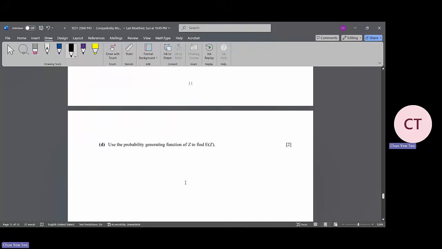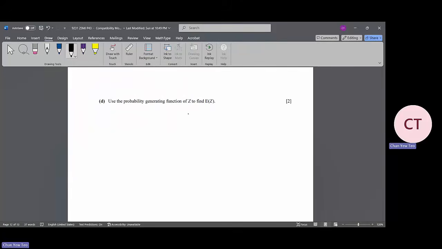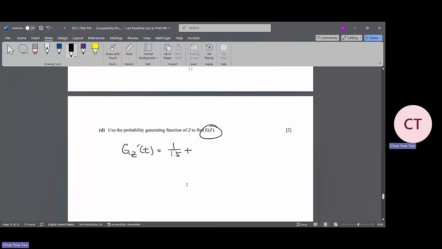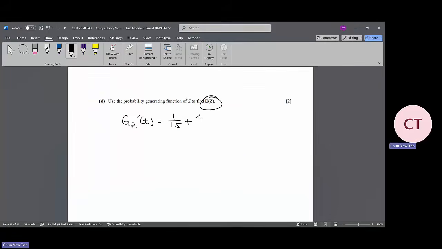Now we move on. For the question D, we want to find the mean, the E of Z. So we just need to differentiate the PGF for the Z. It will be 1 over 15 plus, differentiate this one, 14 times 3, 42 over 15 t squared.